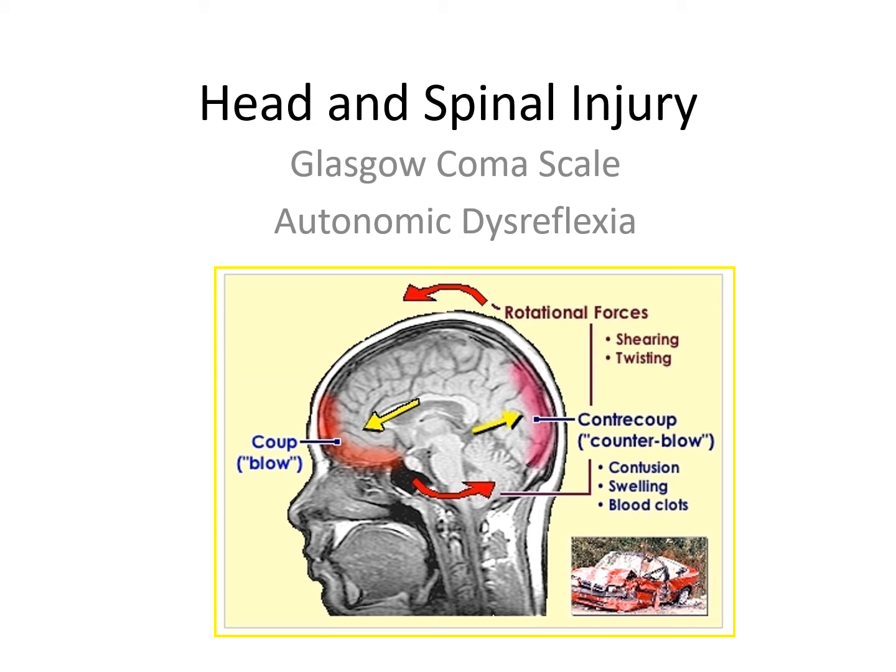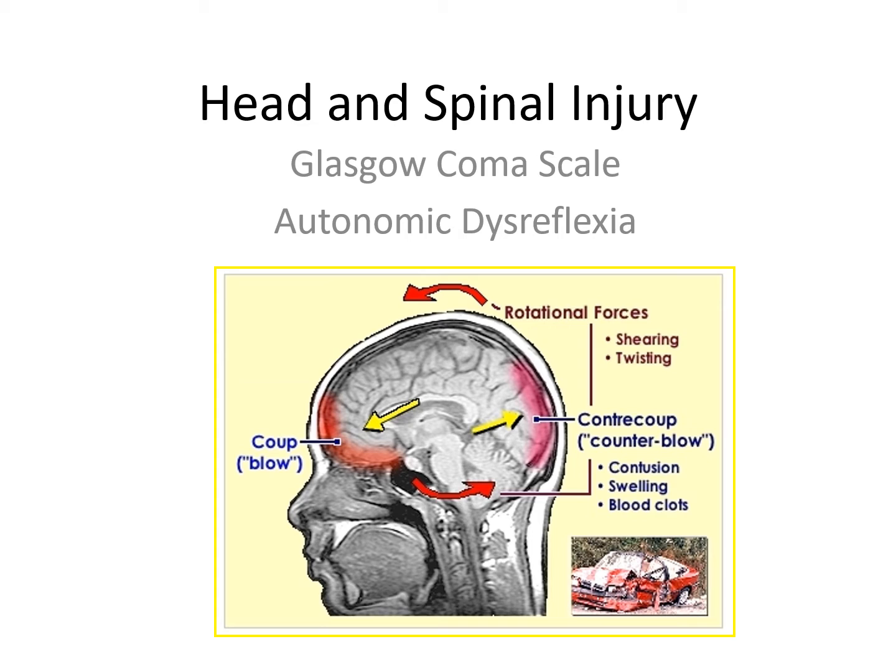A contra-coup brain injury involves a contusion remote from and classically opposite to the actual site of impact to the head. Contre-coup is a French term and it means counter blow.